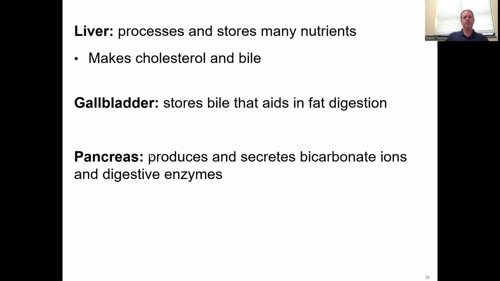I mentioned also the pancreas producing enzymes to help digest things like fats and proteins and carbohydrates. It also produces bicarbonate. You may have seen bicarbonate before. Sodium bicarbonate is literally baking soda. So it's actually producing a base. You think of an acid and base, so this is a base solution that's going to help to neutralize the pH inside of the intestine.